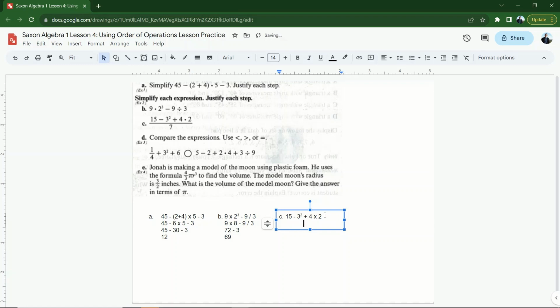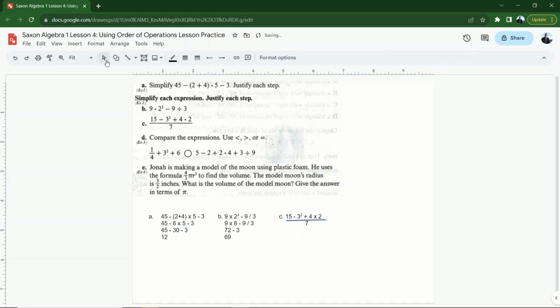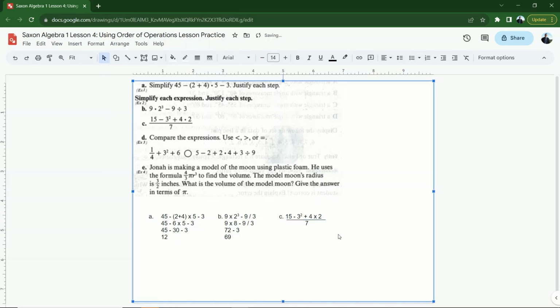What I'm going to do is I'm just going to put a 7 here. I'm going to shrink the size of my box. And then I'm just going to make this look sort of right by putting a fraction bar symbol kind of in the right spot. I know it might not be perfectly level, but you get what I'm going for. Okay, so that's what we're looking at here.